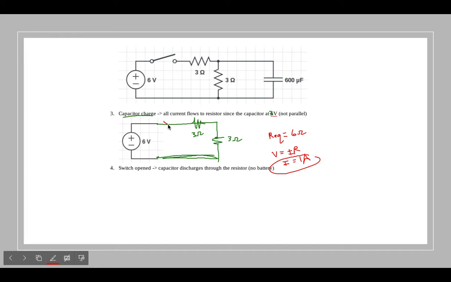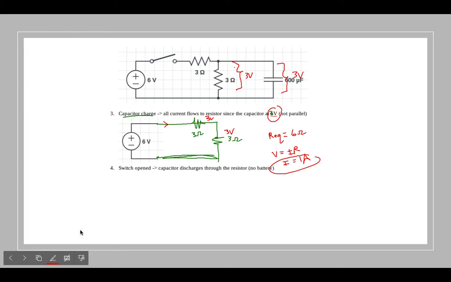So 1 amp's going through here. For each of these, 1 amp times 3 ohms gives a 3 volt drop here, and a 3 volt drop here. Which means if this is in parallel, and this guy right here is getting 3 volts, then this guy must get 3 volts. So the capacitor gets 3 volts.